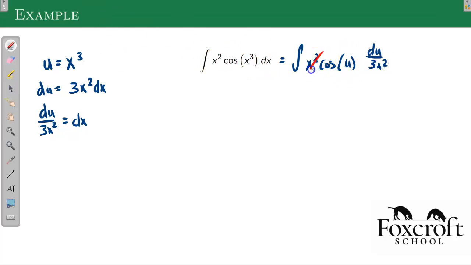Again, the x's cancel out, so I know I picked the right u. I have this 3 on the bottom, that's why it's a 1/3, which I'll write at the front. Cosine of u du. Take the antiderivative of cosine, that is sine.